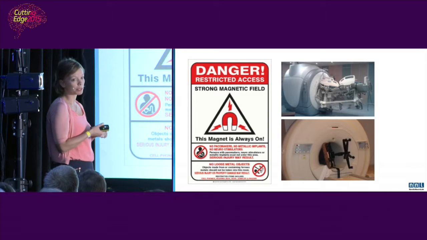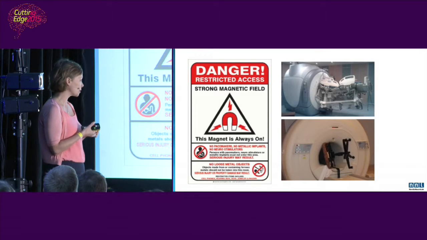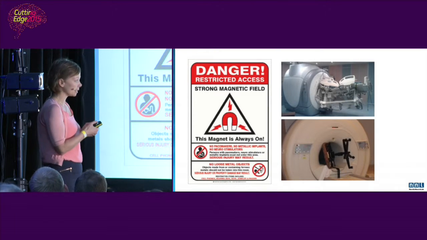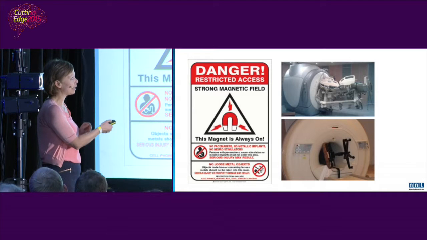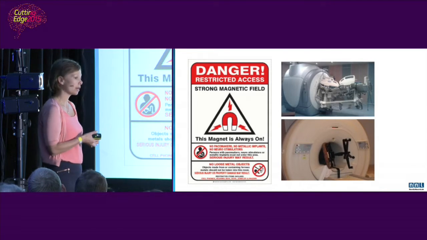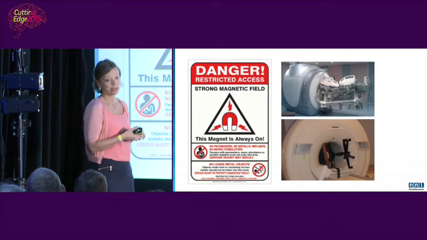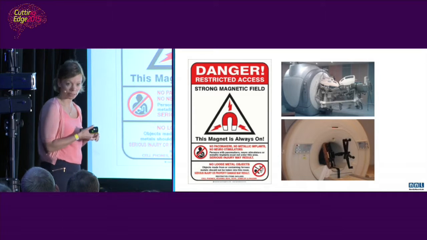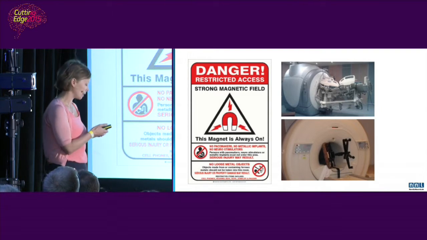This, of course, puts quite strict demands on how to develop equipment that is supposed to work inside the MR scanner, because it cannot contain any metal, and it also has to operate safely. The equipment itself has to work in the strong magnetic field without causing any disturbance to the MR scanner or the scans themselves.